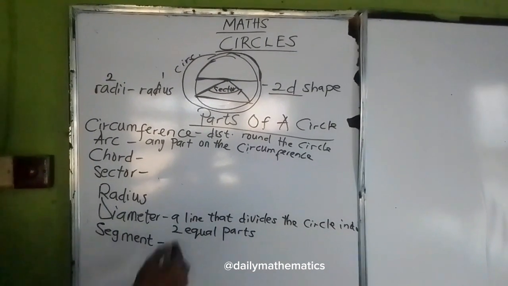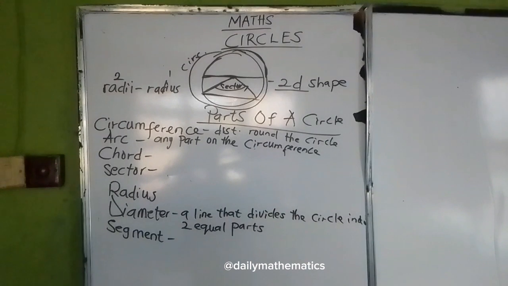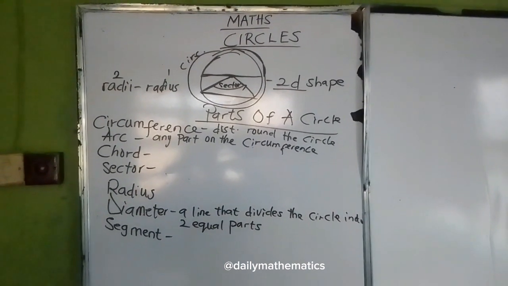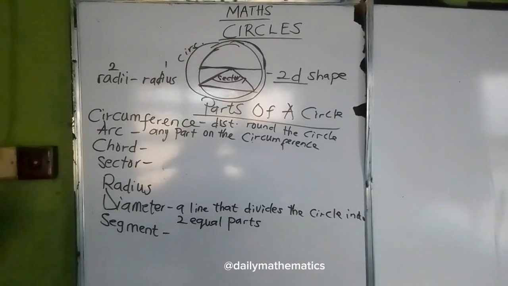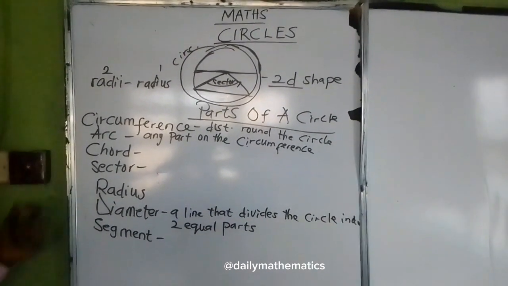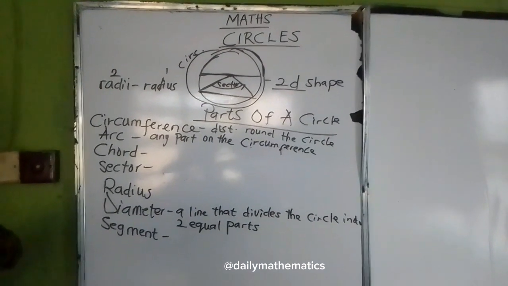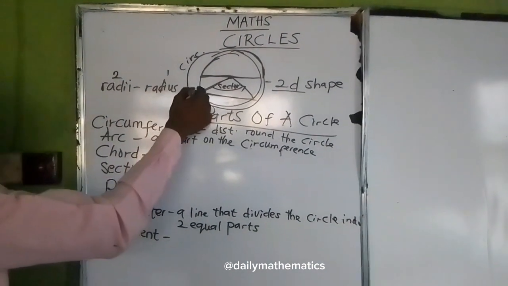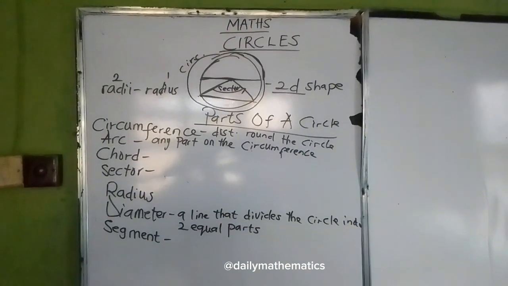The next part of a circle we are going to be considering is a segment. What's a segment? A segment is the area enclosed by a chord and an arc. We said a chord is a straight line joining 2 points on the circumference.